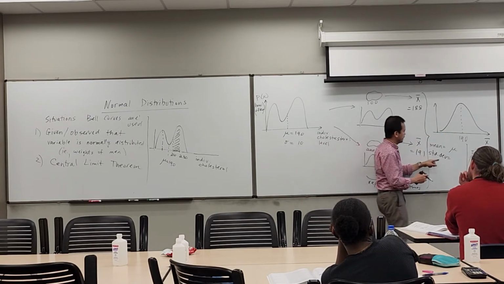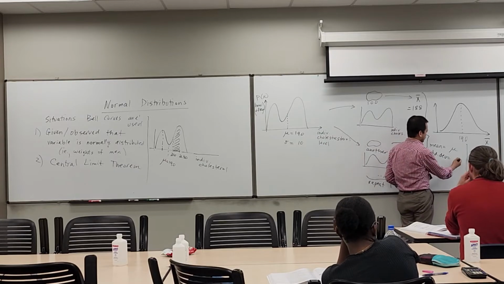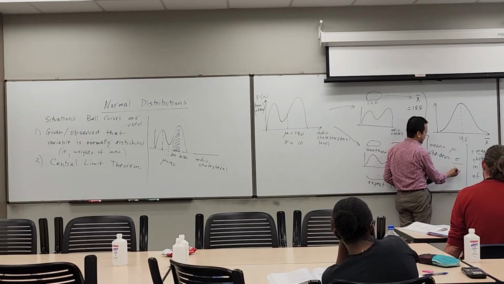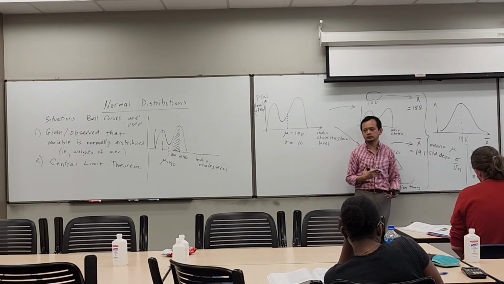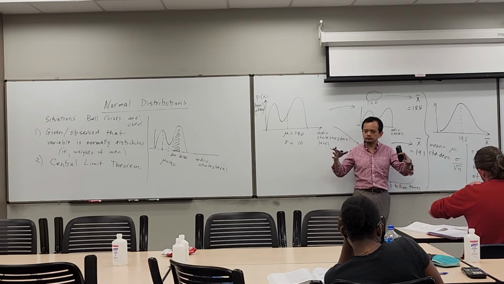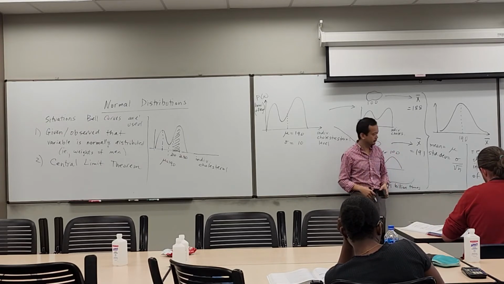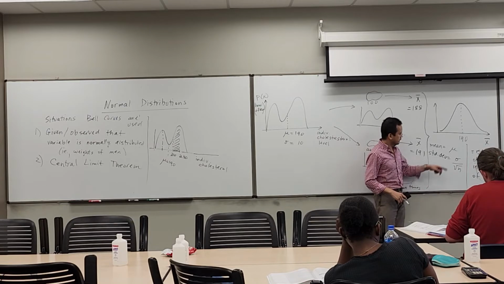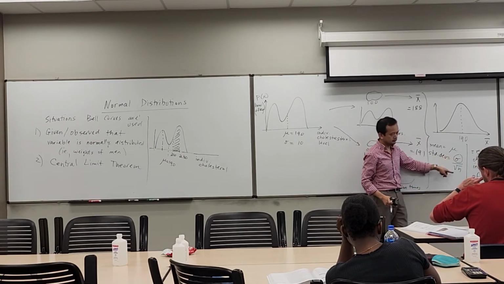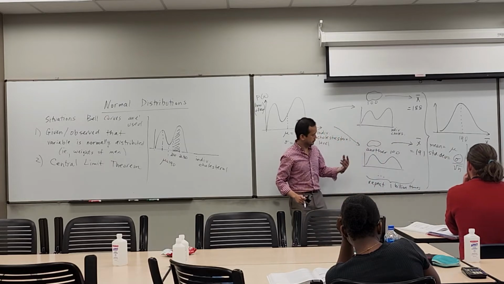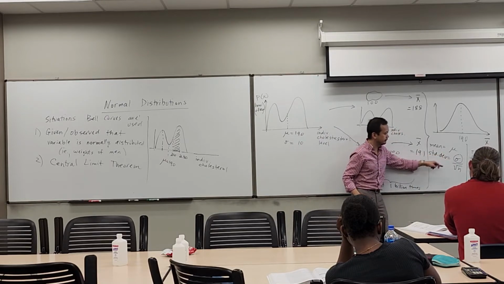We reflect that with this new standard deviation, which will not equal the previous standard deviation, but will be that divided by the square root of n. When you divide by a number that's greater than 1, you end up reducing the quantity. So this result will end up being a smaller standard deviation than before.